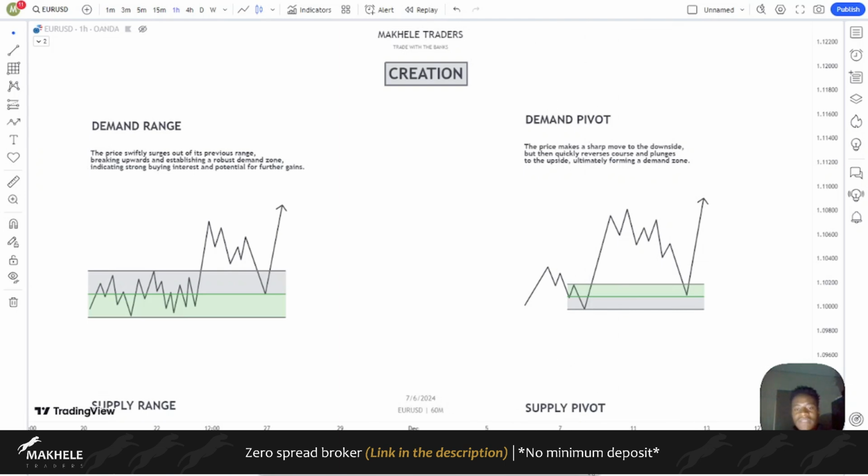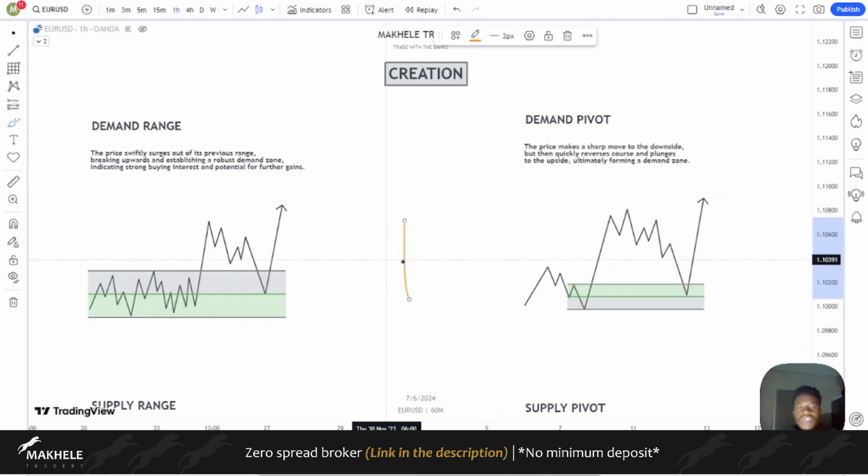What this statement is saying is that price was moving sharp to the downside, but then reverses quickly to the upside, changing the course, which means now it has printed a demand zone for the banks to buy at here. So price will come and retest this zone before it continues to the upside. I hope it makes sense, guys.